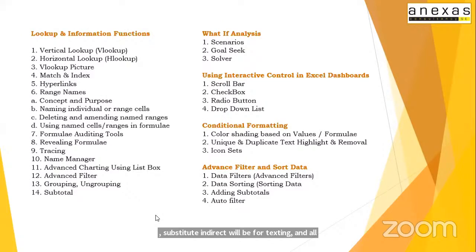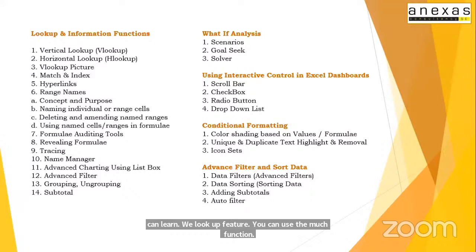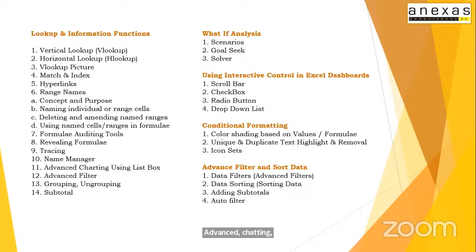You will be learning VLOOKUP, HLOOKUP, you can use the match function, hyperlinking, advanced charting, grouping of the file, and subtotaling very easily, not using sum and all. You can just click and get the subtotal.